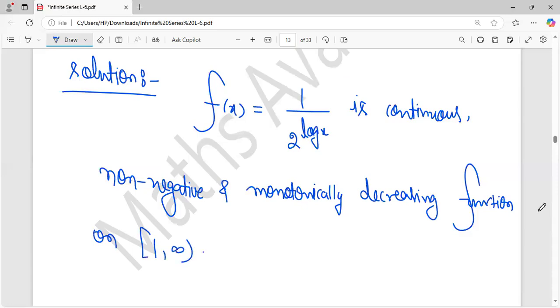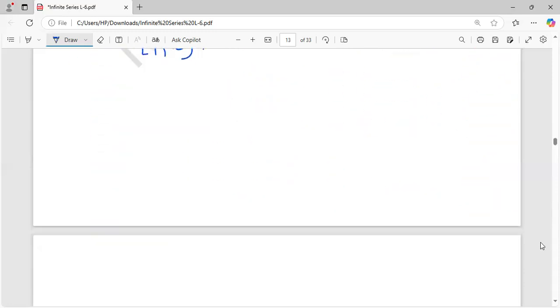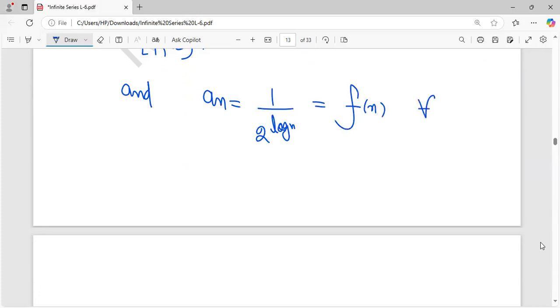Now a_n is equal to 1 upon 2 to the power log n, which is equal to f(n) for all n belongs to N.